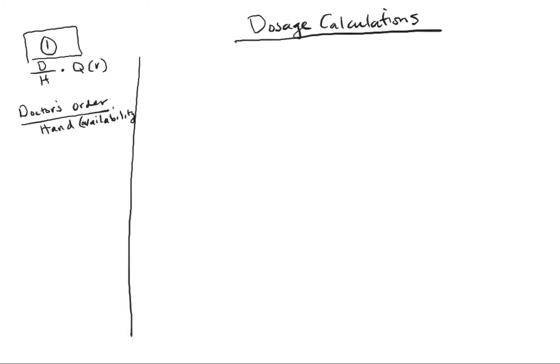Your availability is usually per every mL. Let me give you an example. Let's say your doctor's order is to give 500 milligrams of a particular drug. But what you have on hand is, let's say, 150 milligrams for every 2 mLs of a solution.